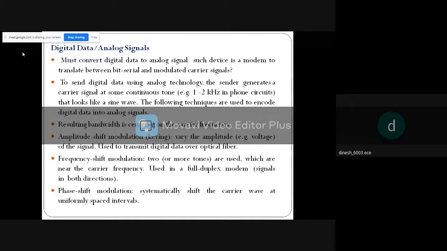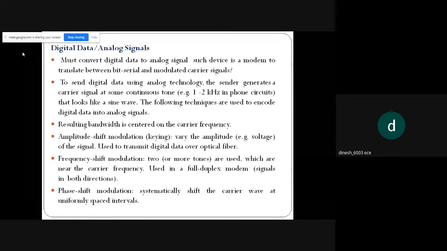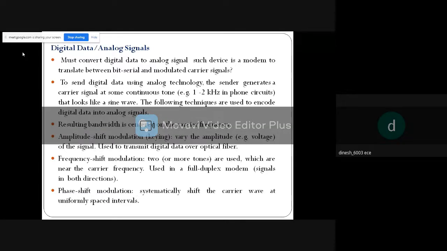Frequency shift keying is preferred, where we use two or more tones near the carrier frequency, and it is used in full duplex modem signals. Full duplex is signals in both directions. Phase shift keying systematically shifts the carrier wave at uniformly spaced intervals. They are used in satellite access.